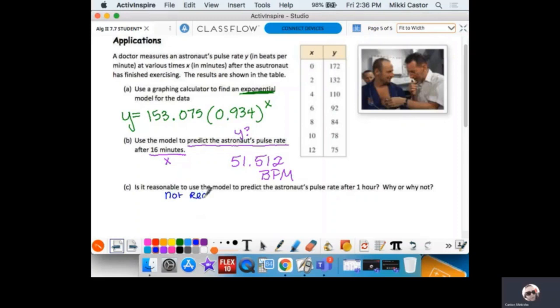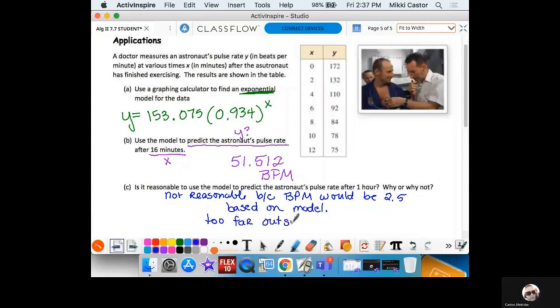Not reasonable because beats per minute would be 2.5 based on the model. It's too far outside the data given.